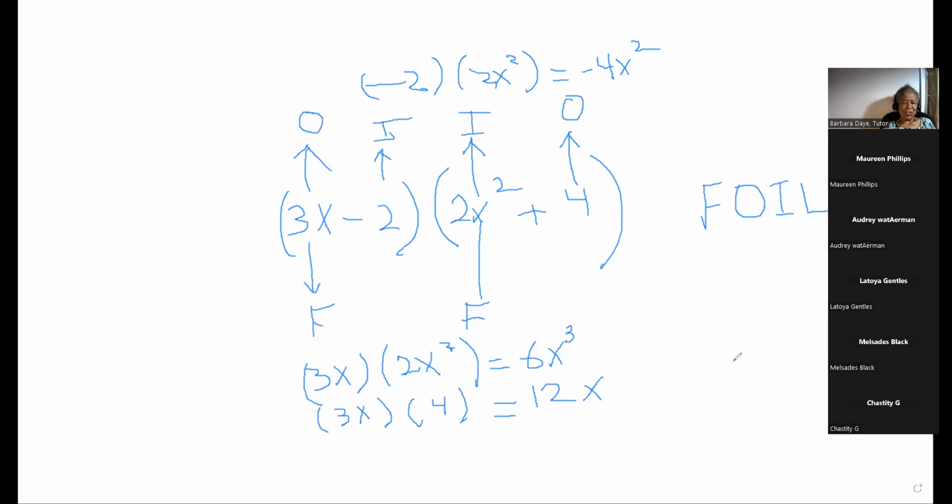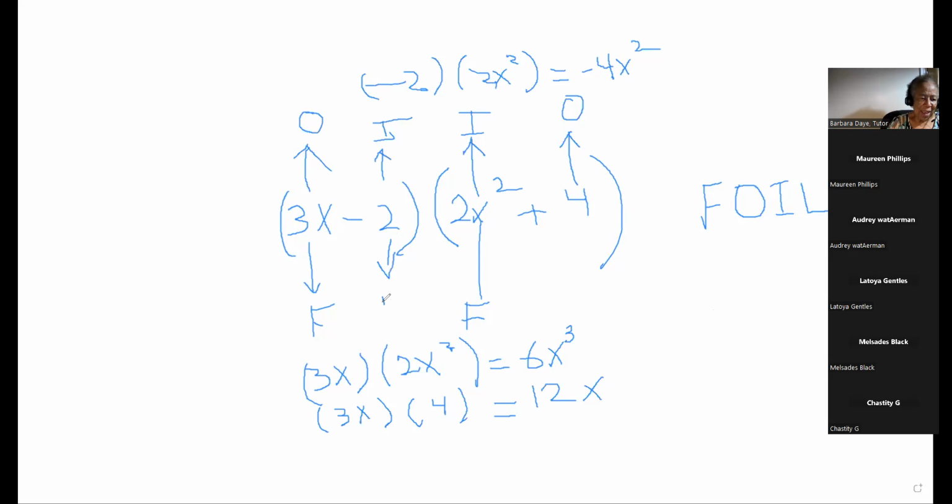Now the last term, Mercedes. What's the last entity in the terms? That is minus 2 times 4. That's it. Very good. Okay, so this is our last.